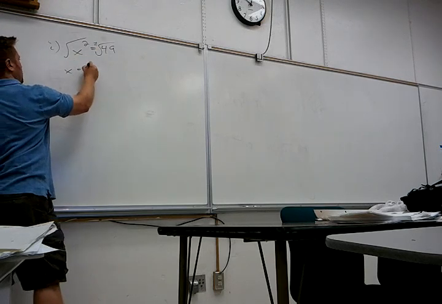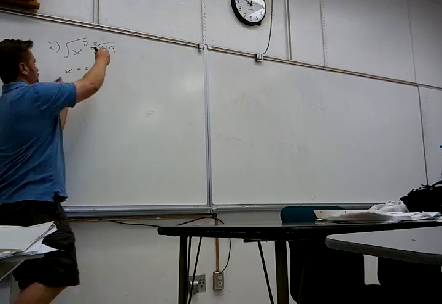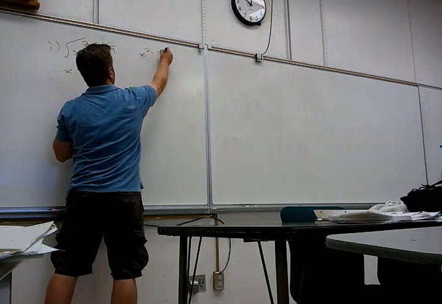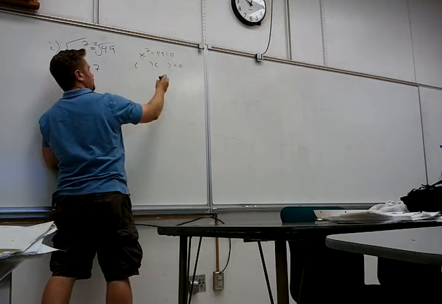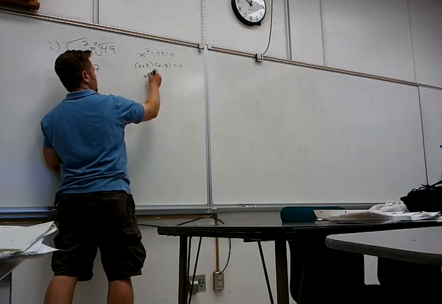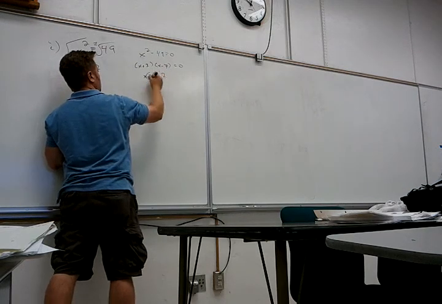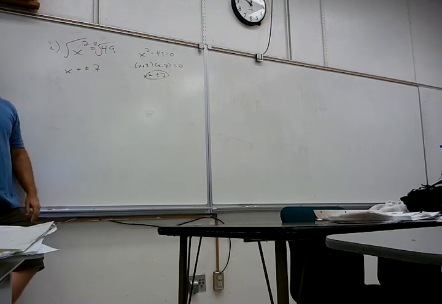So x will equal plus or minus 7. Because again, if you brought the 49 over, how do you factor that? x plus 7 and x minus 7. So then you get x equals negative 7 or 7. If you forget the plus or minus, you're losing one of the factors, one of the answers.